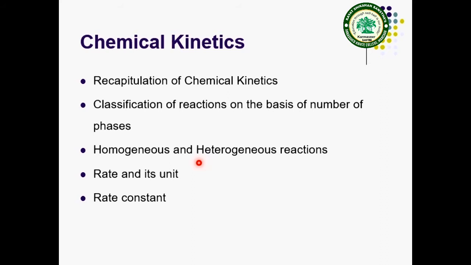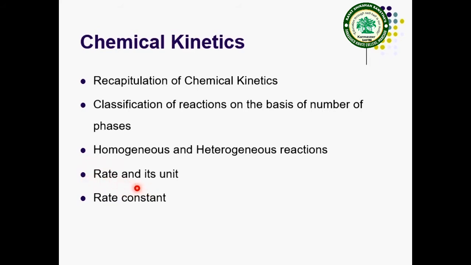Now in this recapitulation we are considering here the very important term, and that is rate. This rate means the velocity or speed of the chemical reaction. And definitely, whenever we consider velocity or speed, it is related with time.